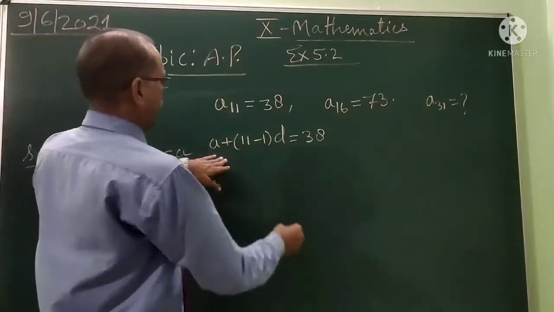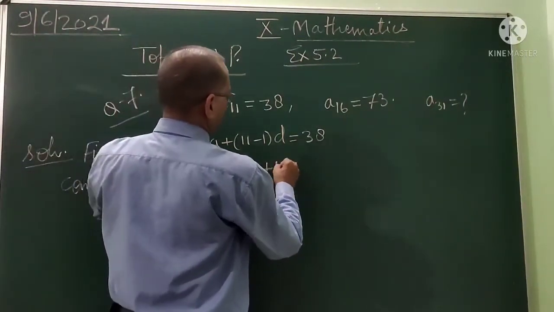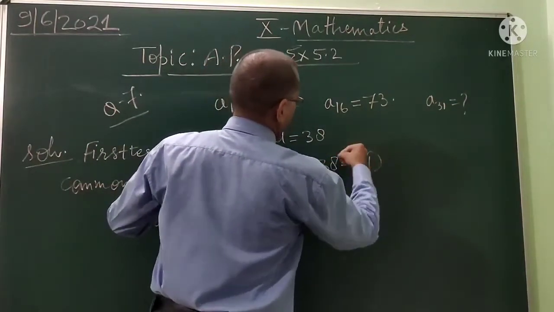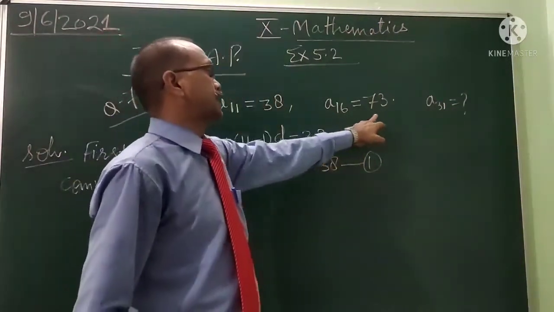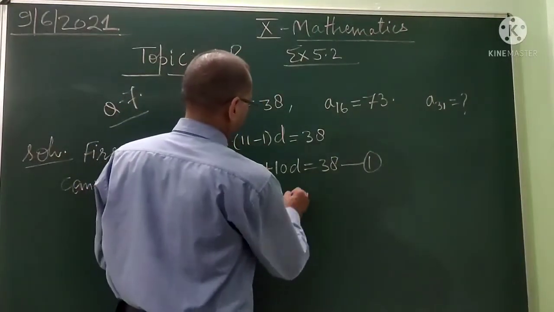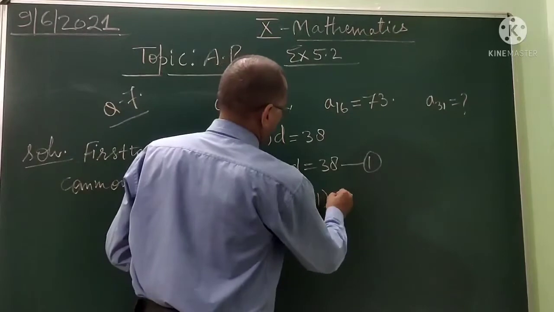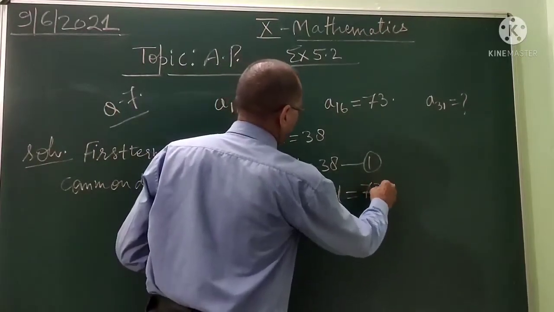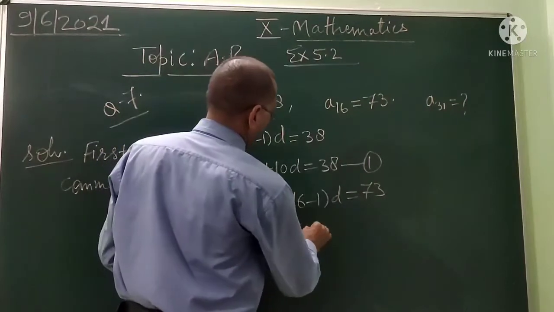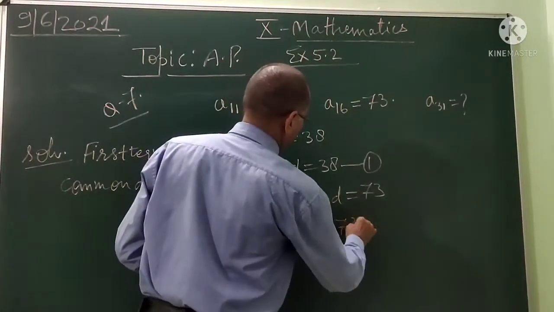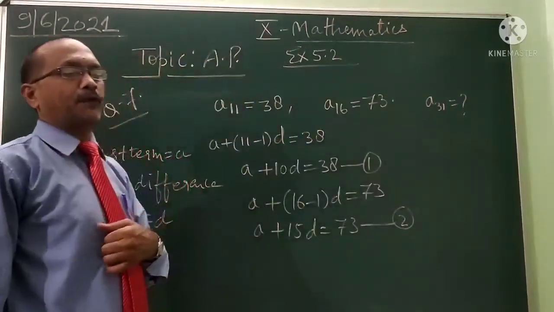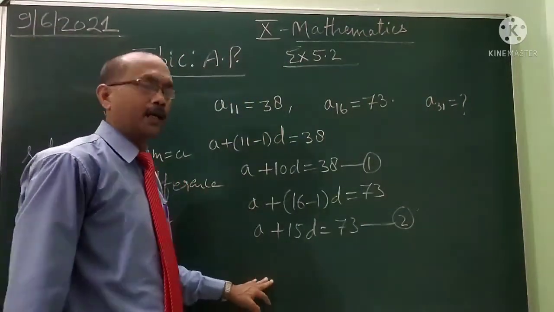Then it is a plus 10d equals 38. It is equation 1. Now the 16th term is 73. Therefore a plus 16 minus 1 into d equals 73, or we can write a plus 15d equals 73. It is equation 2. Let us find the values of a and d.